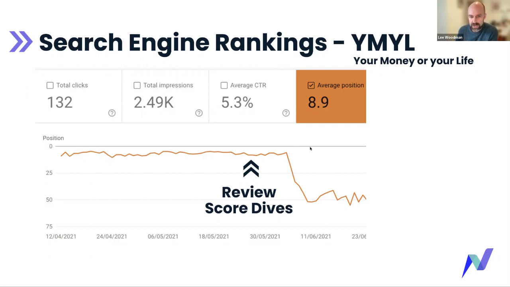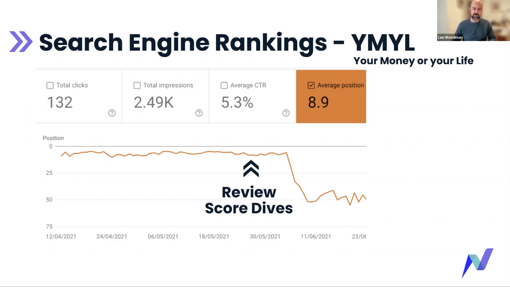This is a brand that we've been working with for quite a while. In 2021, they pivoted into a new space. It's a very high risk YMYL health space, and their reputation up here is probably like 4.5 out of 5. Then an event happened here, which was out of their control, around how their products were being delivered.